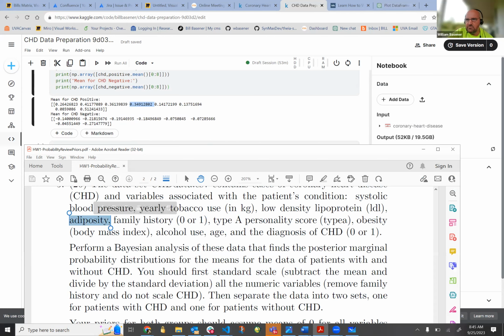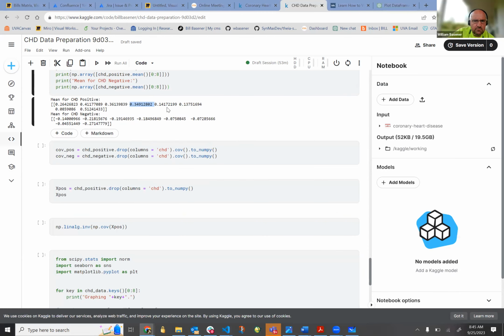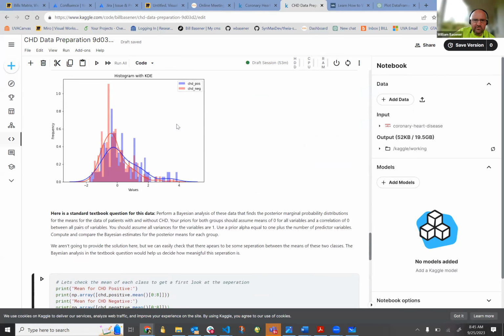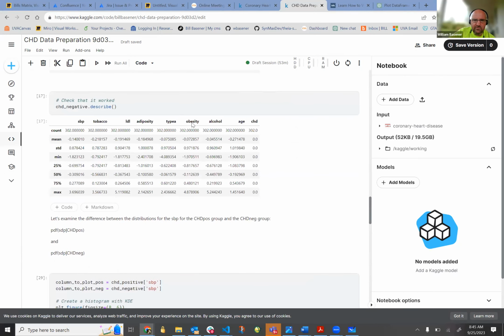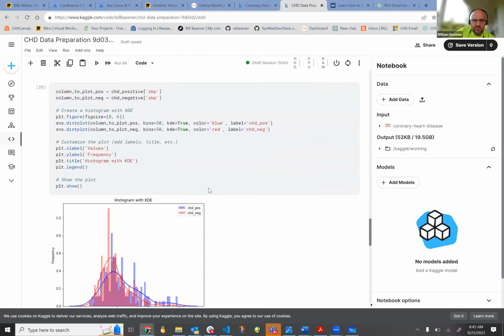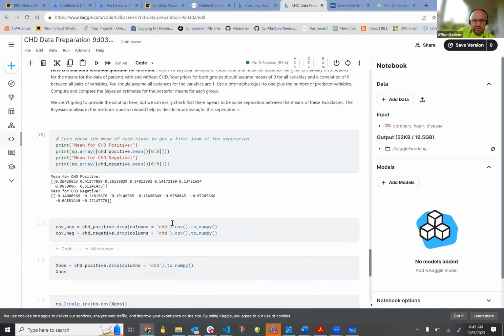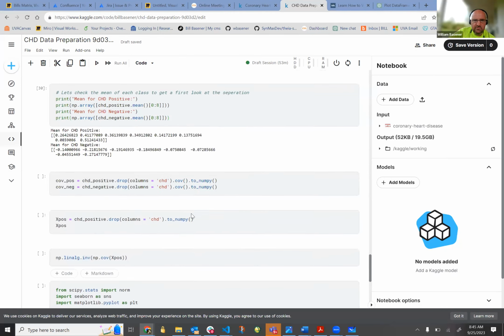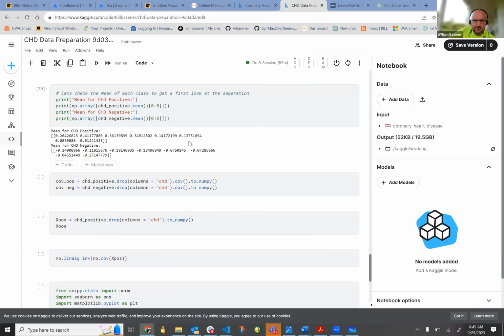Just means adiposity, okay? This seems to be less of a separation, 0.14 to 0.075. Let's go see what that category is. That's the one after adiposity. That's alcohol. So the alcohol separation doesn't seem to be very significant.